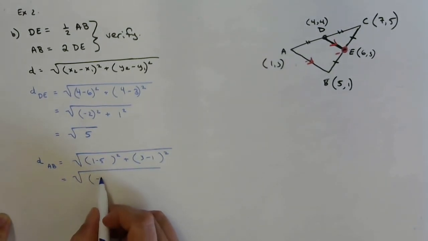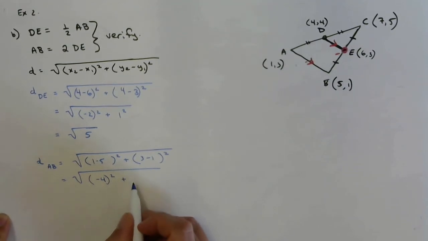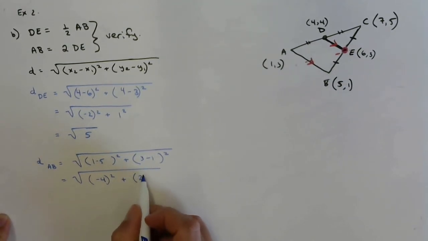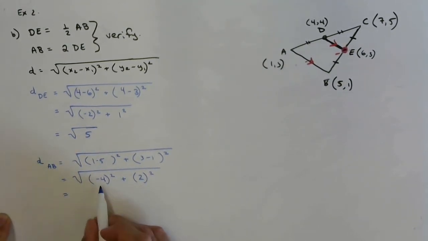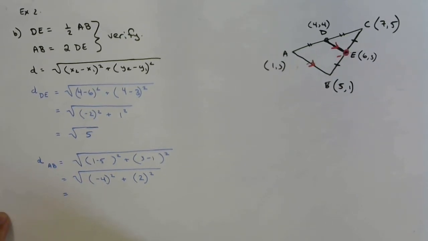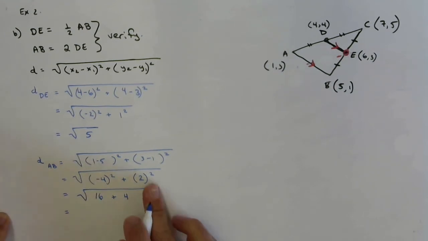First bracket is negative 4 squared. Second bracket is 2 squared. Give you a second to catch up. Negative 4 squared is 16, 2 squared is 4, 16 plus 4 is 20.